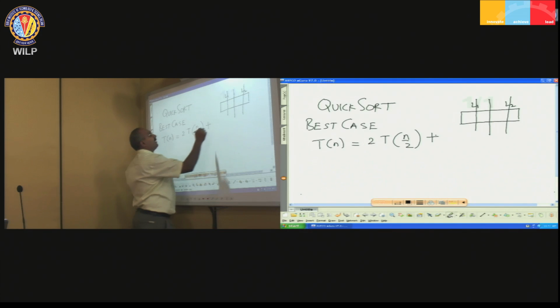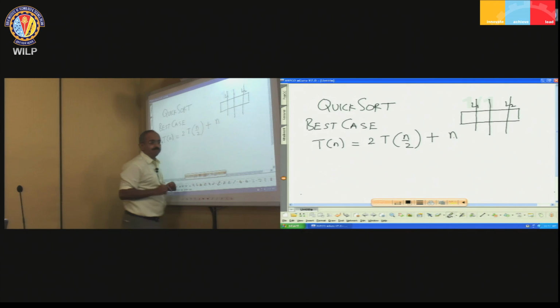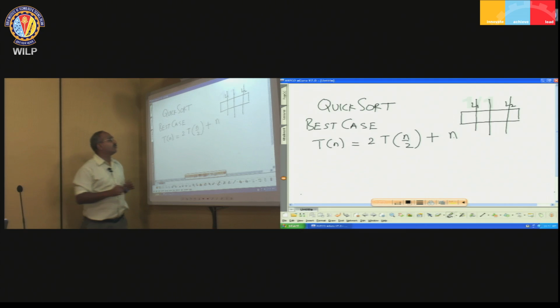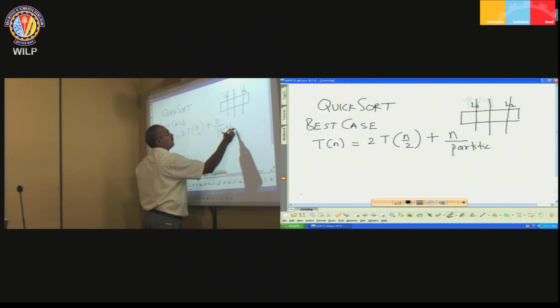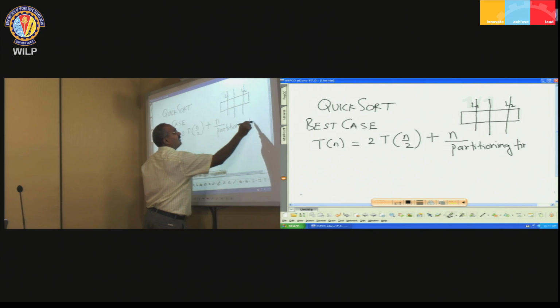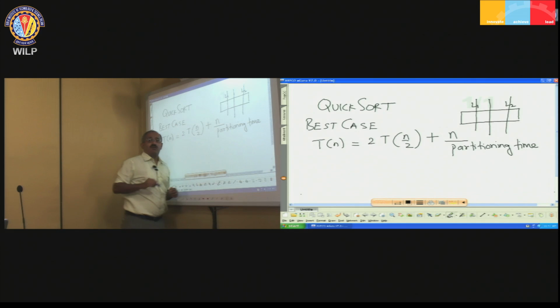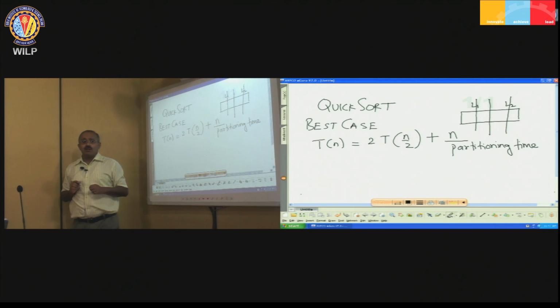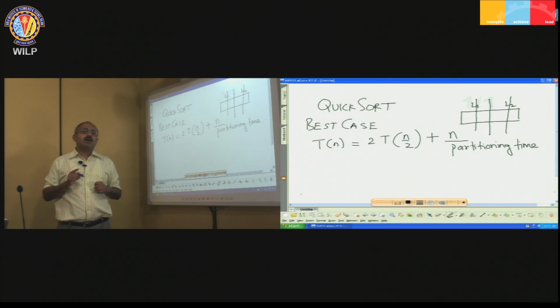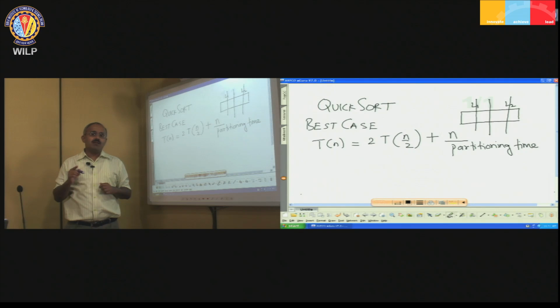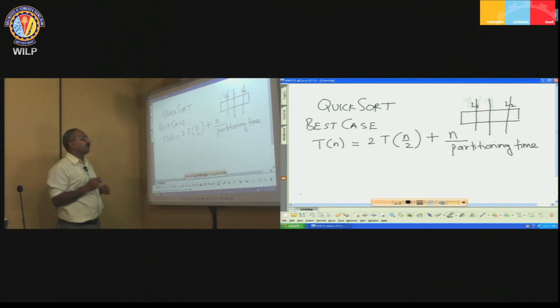So, this will be at least n, correct. So, this is partitioning time. Not precisely looking at the partitioning procedure, but it is easy to see that the partitioning procedure will do n computations, because every element will have to be checked with the pivot and then put in the right position.